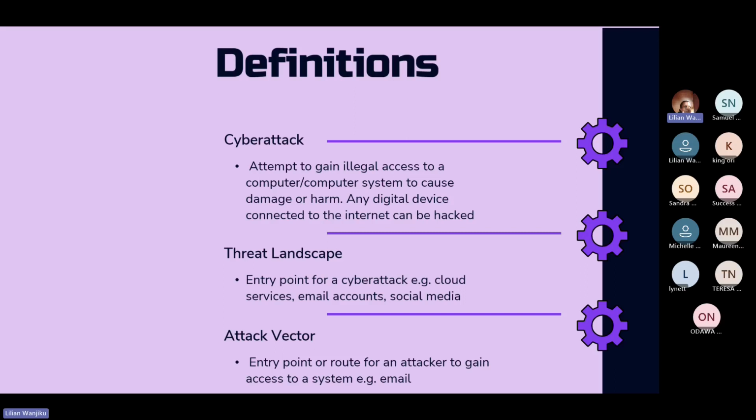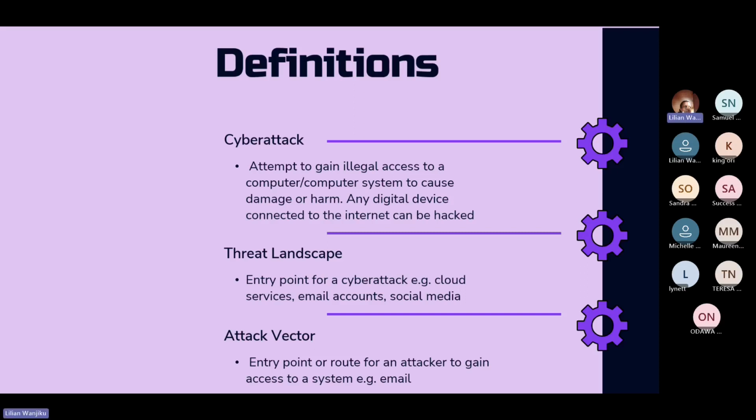A hacker will try to get your social account, and once they get it, they have access to your DMs, your posts, everything. They can even post things themselves. So the threat landscape in this situation is your Instagram account. And the attack vector is the Instagram app itself.